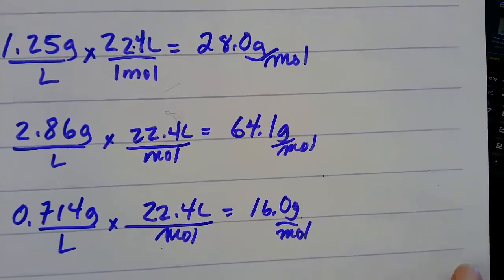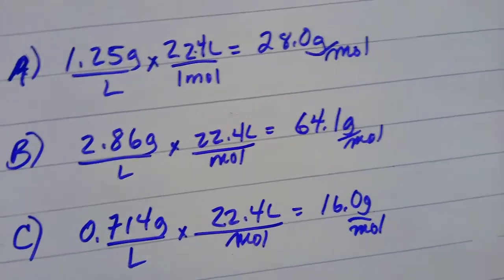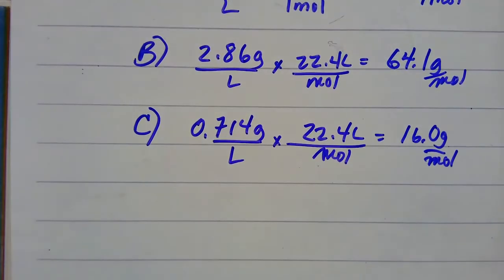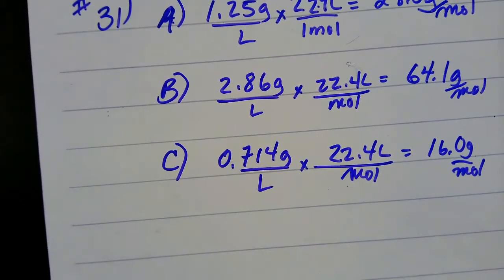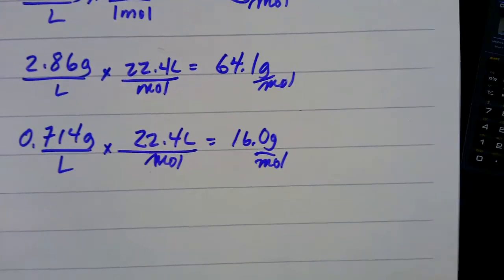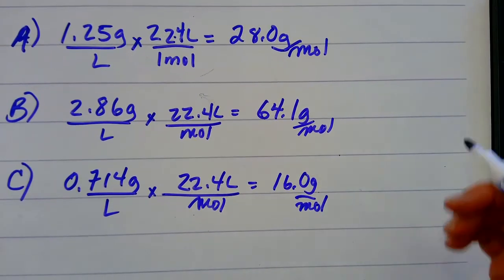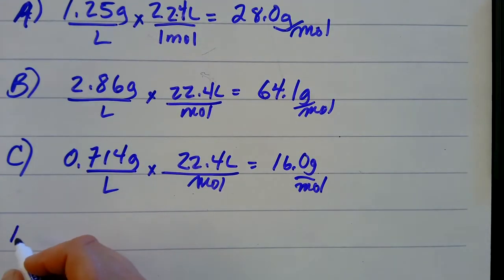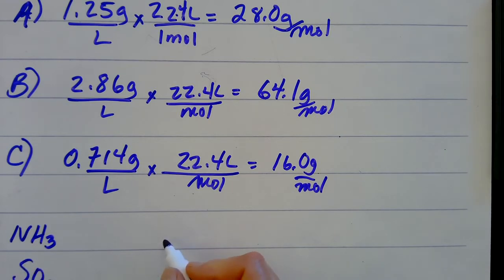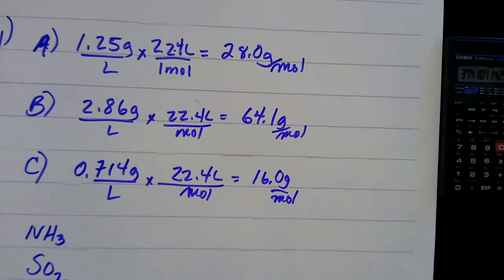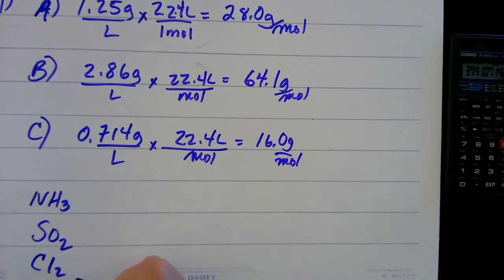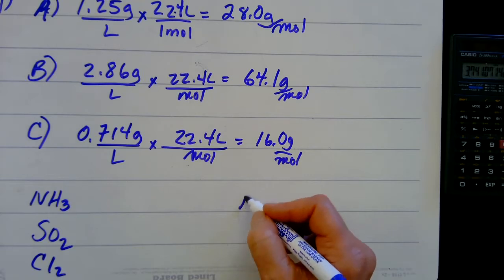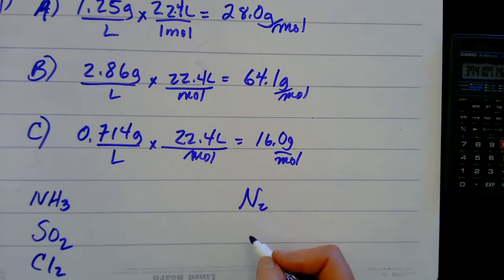The possible substances, as listed in the book, include NH3, which is ammonia, SO2, Cl2, N2, and CH4.